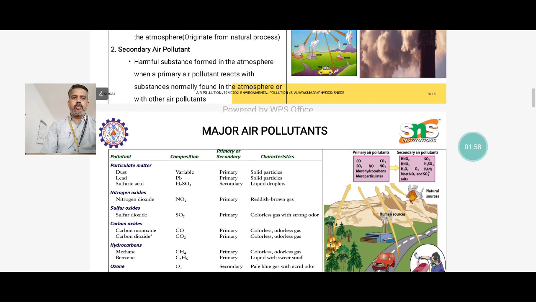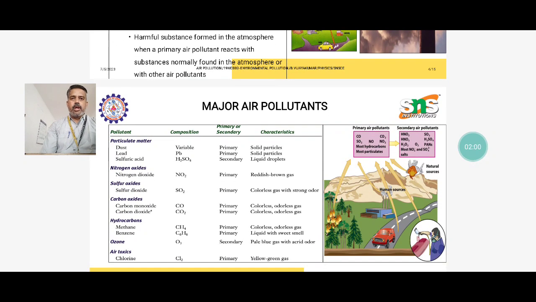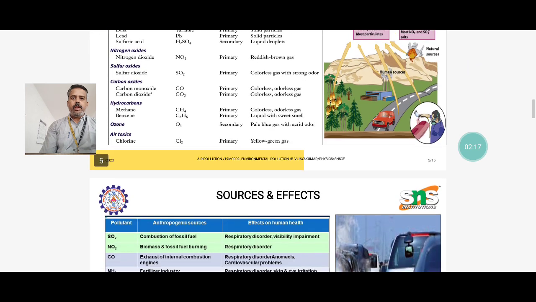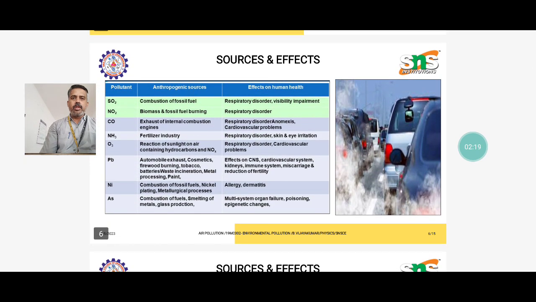The major air pollutants are given in this table: the pollutant, its composition, whether primary or secondary, and its characteristics. I have given many types of chemicals and oxides, then the sources.